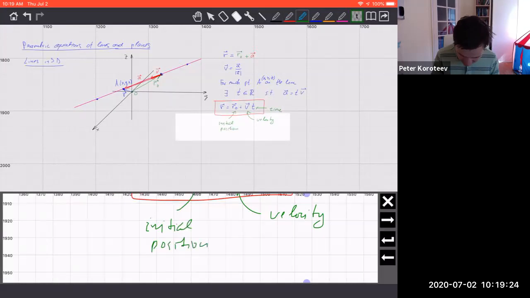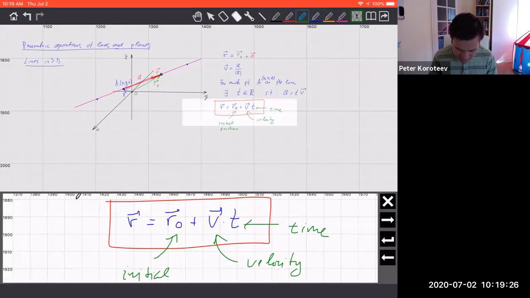I even deliberately use the same notation as in physics literature, right? So you should think of point A as sliding along this line at constant velocity, and then the position will be determined by this equation.